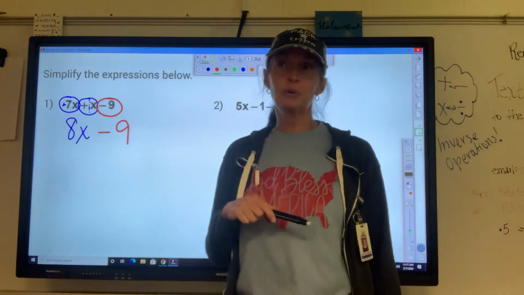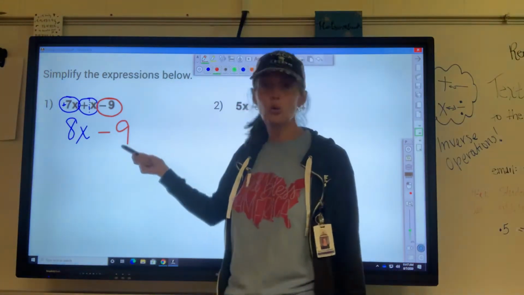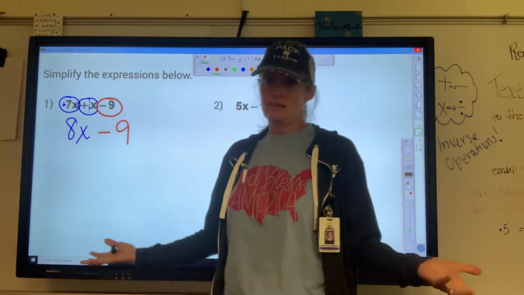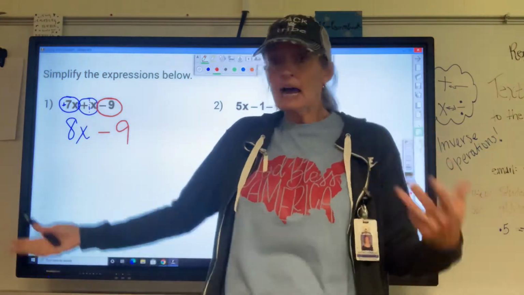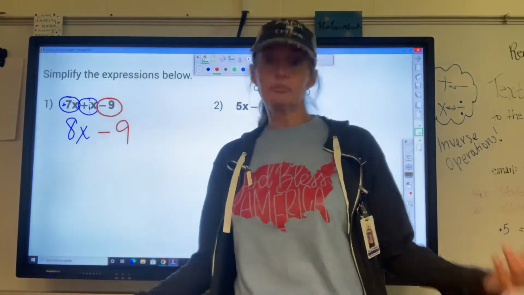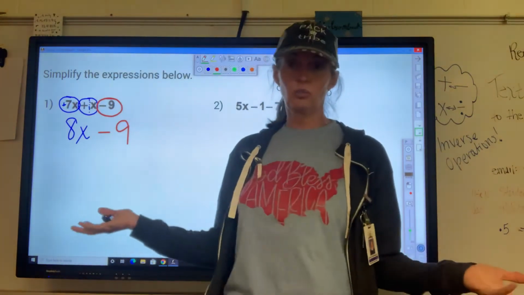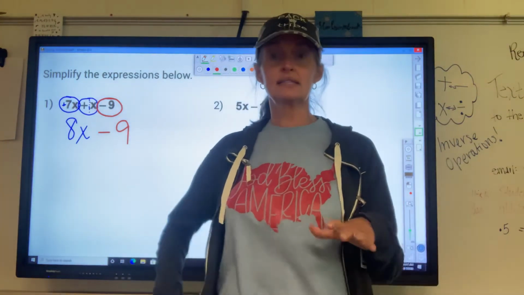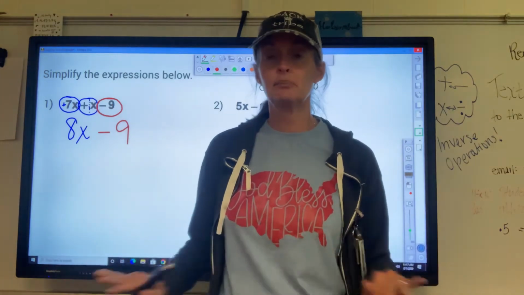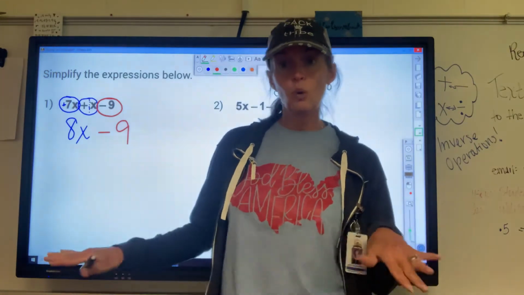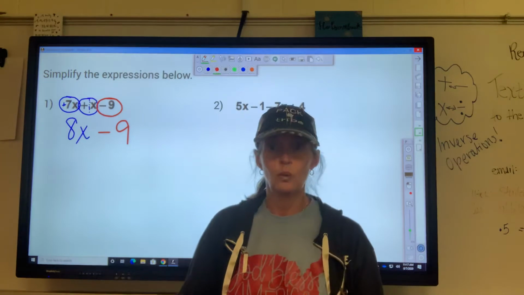Now, the other day we were solving, but we don't have an equals sign, and so therefore we can't find out what x equals because we don't know what that whole expression equals. So we're stuck. We can't do any more. It's as simple as it can be. As low as you go.